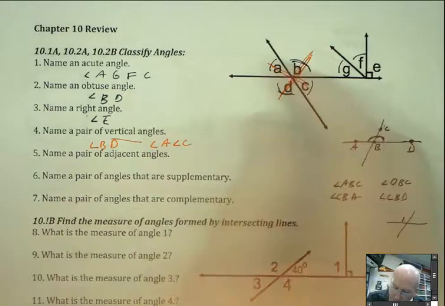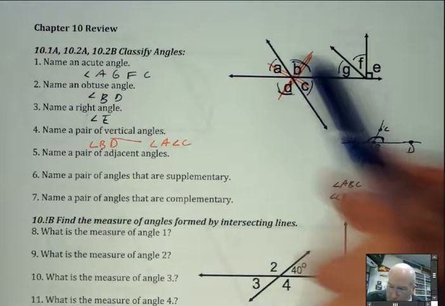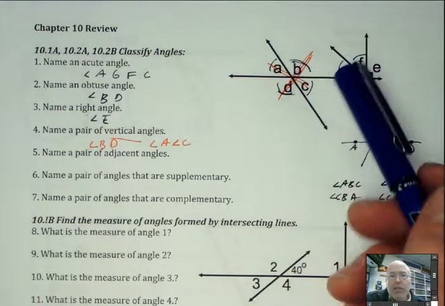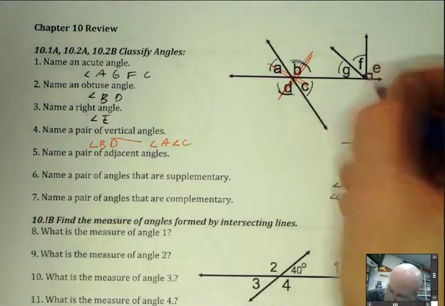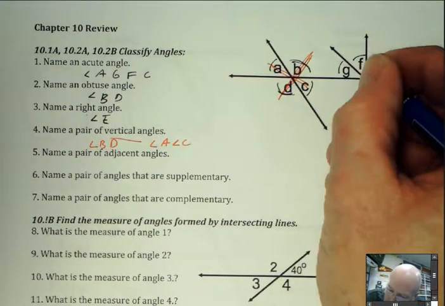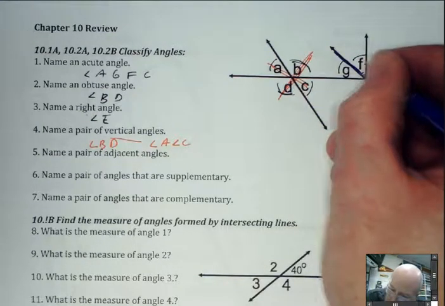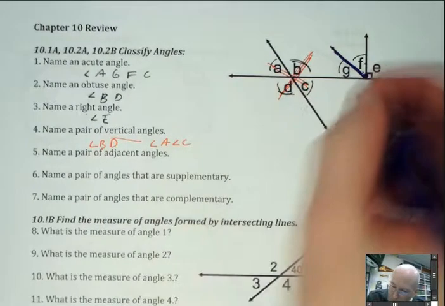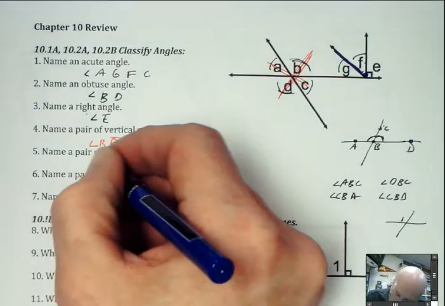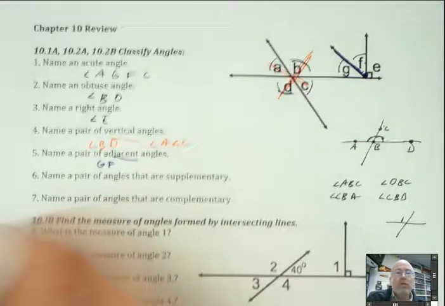Okay, now adjacent angles, I'm going to go to yet another color. Adjacent angles are any of the angles that are next to each other that share a vertex. This is the best example right here. G and F, they share a line and they share a vertex down here. So G and F are adjacent angles.